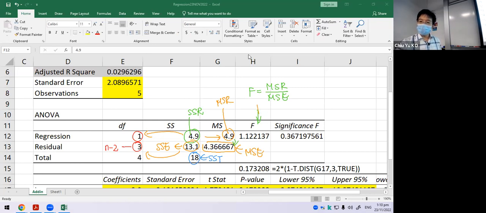And this is a one tail test, so basically you check this based on that one. Is that clear? There's no difference from the ANOVA when you do one-way ANOVA. The difference is the degrees of freedom, and that's it. It's slightly different, but everything stays the same.